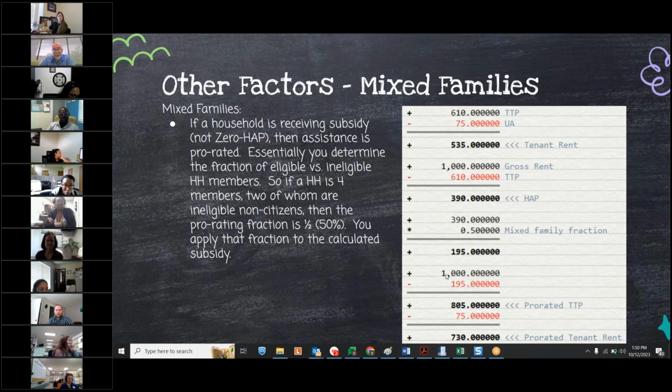We'd subtract that from the gross rent, which gives us 805 as their now prorated TTP, minus the $75 UA, and their rent would be 730 instead of the 535. These are all things Yardi and the calculation sheet do. I'm just making sure this is how the math works.